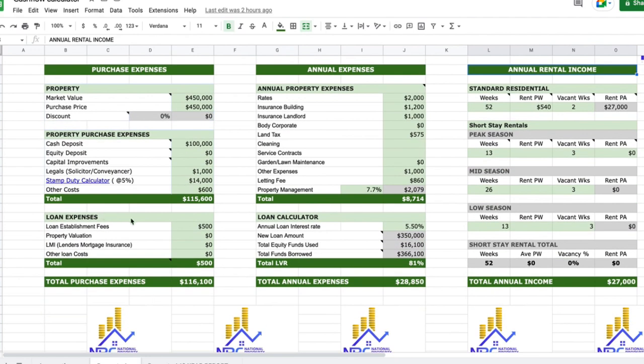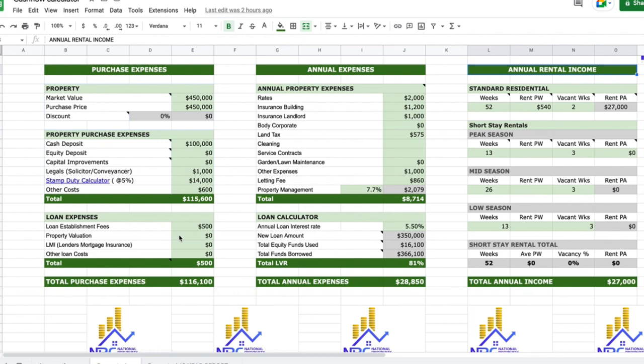And then we have some initial expenses in terms of the loan expenses, and also the property valuation, any lender mortgage insurance if we have paid, or any other loan cost that might be very specific to the type of property, or where you are buying that property.